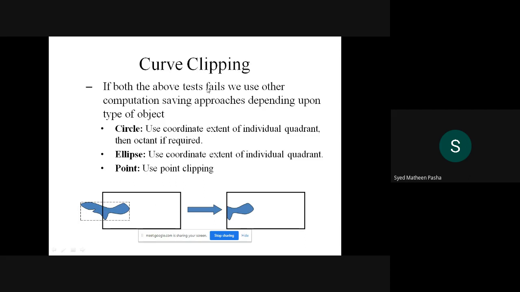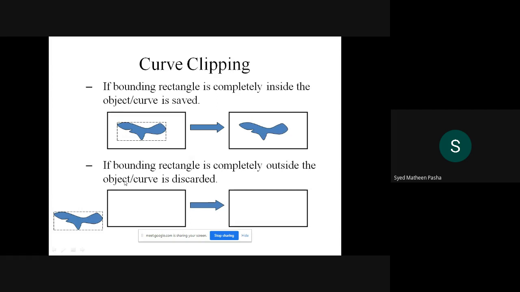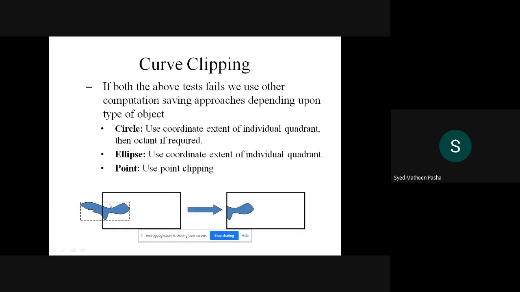If both the above tests fail, we use other computation saving approaches depending upon the type of the object. That is, if the previous two cases fail, we'll be using this case. You'll keep the part which is inside the window and discard the part which is outside. Here we'll be using some terminologies. If the particular curve is a circle, we'll be using coordinates of an individual quadrant, then octant if required. As I told, a huge number of computations is required.